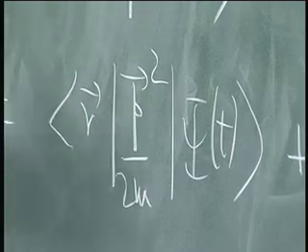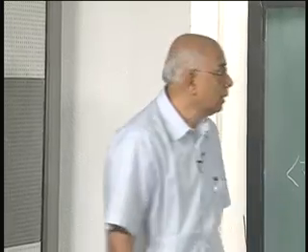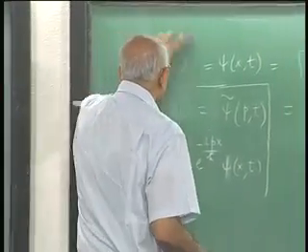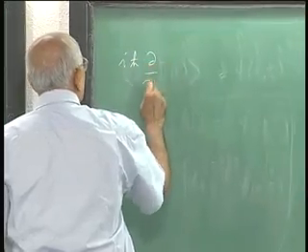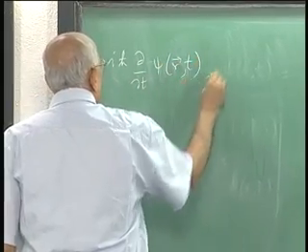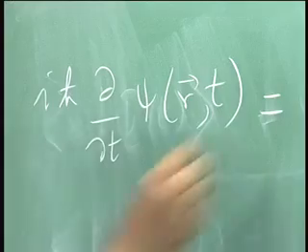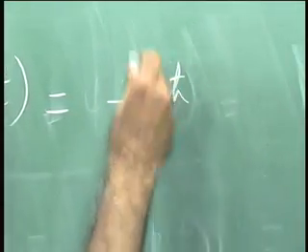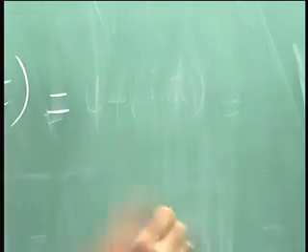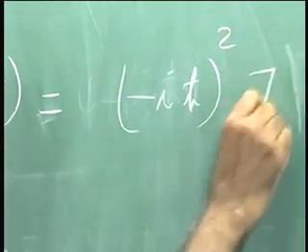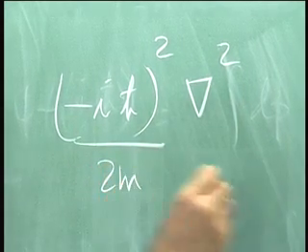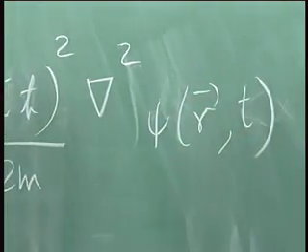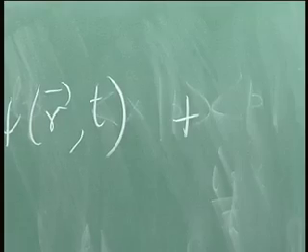Therefore P² is −iħ gradient dot −iħ gradient, because P² is just P dot P. So that tells us that the first term on the right hand side, so it says iħ ∂/∂t ψ(r, t) equals (−iħ)² ∇², because del dot del is del squared when acting on scalars, over 2m ψ(r, t), plus a certain quantity here.